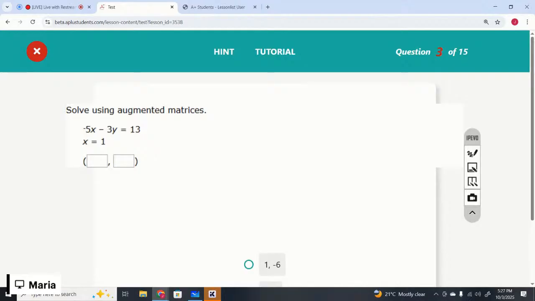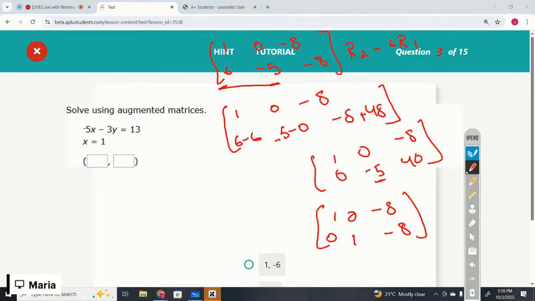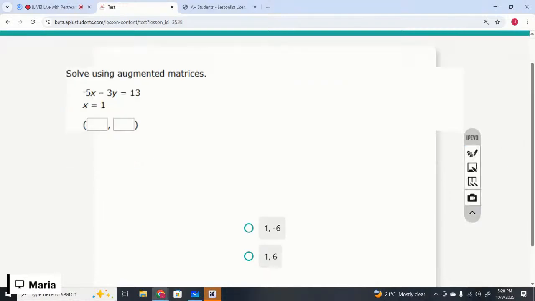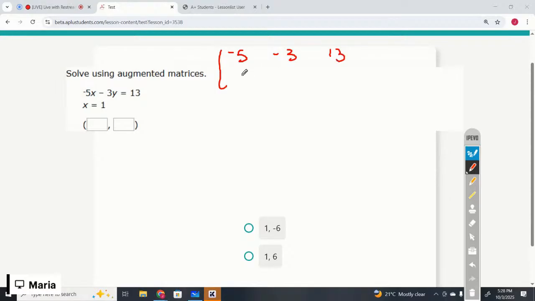Next: negative 5x minus 3y equals 13. Let's make the augmented matrix: negative 5, negative 3, 13, and 1, 0, 1.